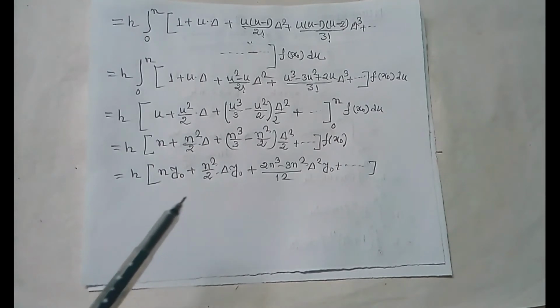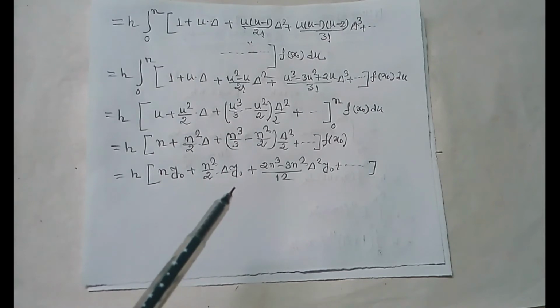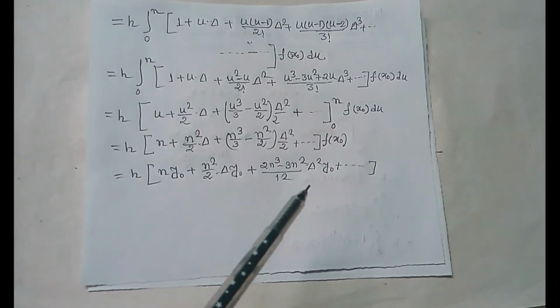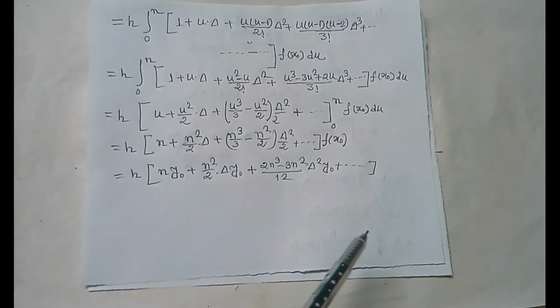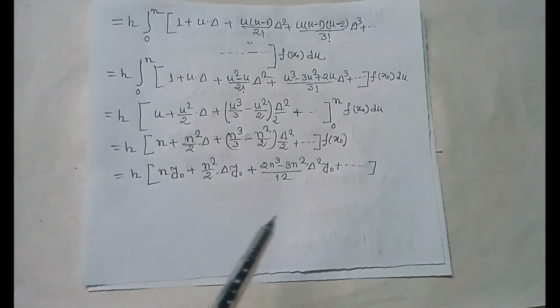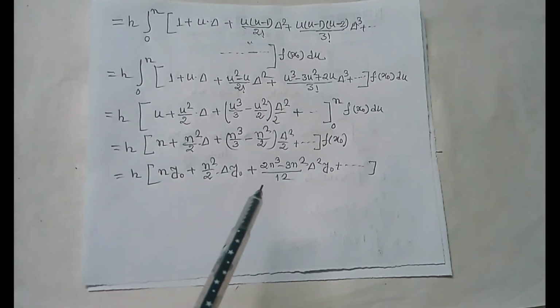With these 2 entries we can evaluate the forward differences up to order 1. So only y0 and delta y0 terms will be there. Delta square y0 and the subsequent forward differences cannot be found, since we have only 2 entries y0 and y1. So only the first 2 terms will be there and all the remaining terms will vanish.